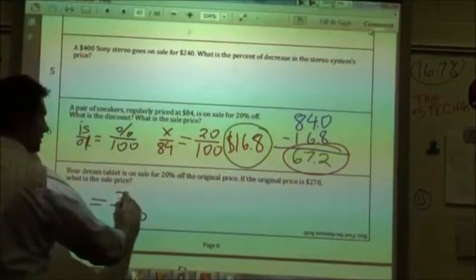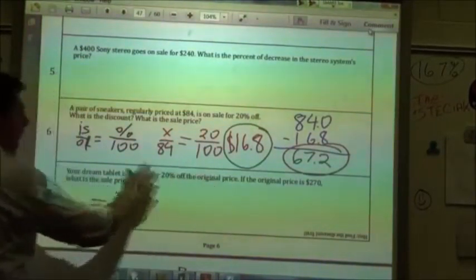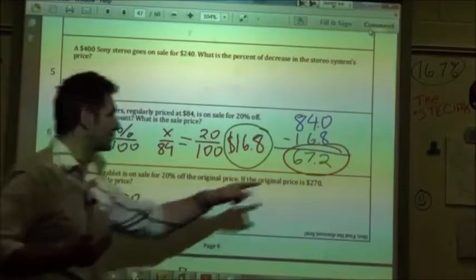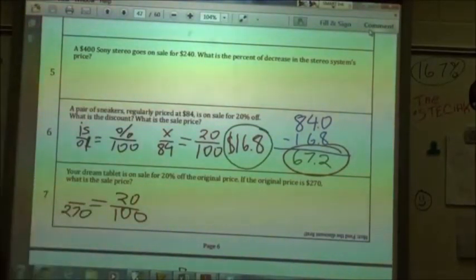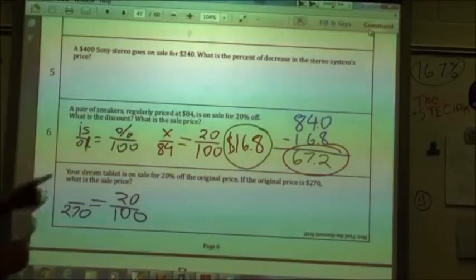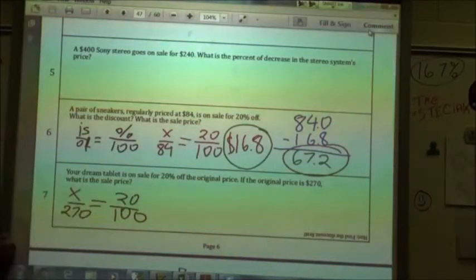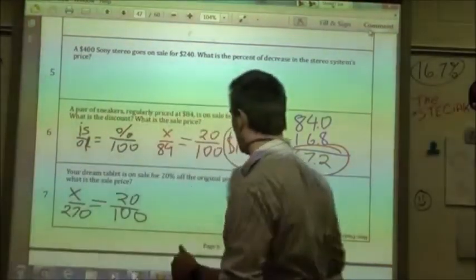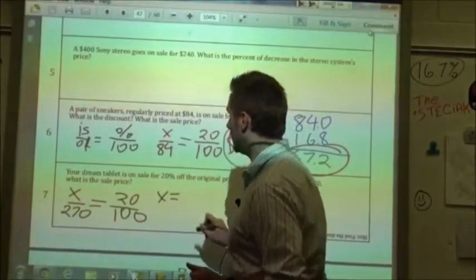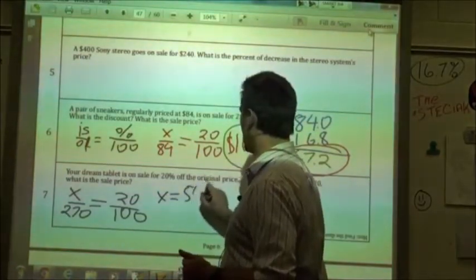We're looking for 20% of the original price. Since our original price is 270, we put 270 on the bottom. And then what we're looking for is the value of that discount. After cross multiplying, we know that X will equal $54.